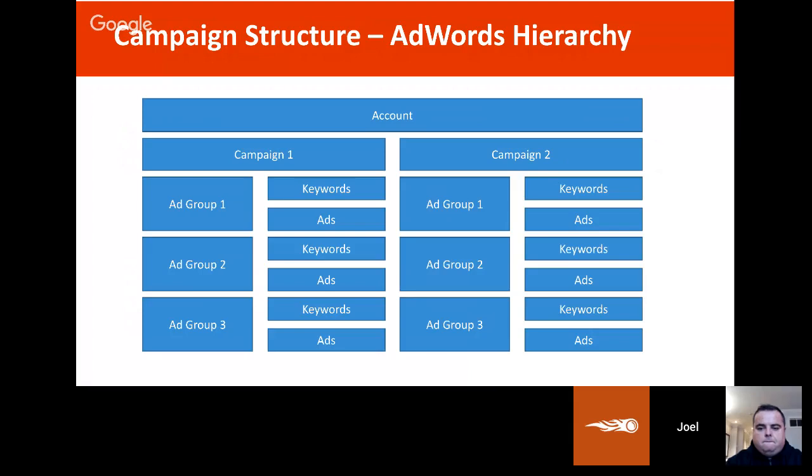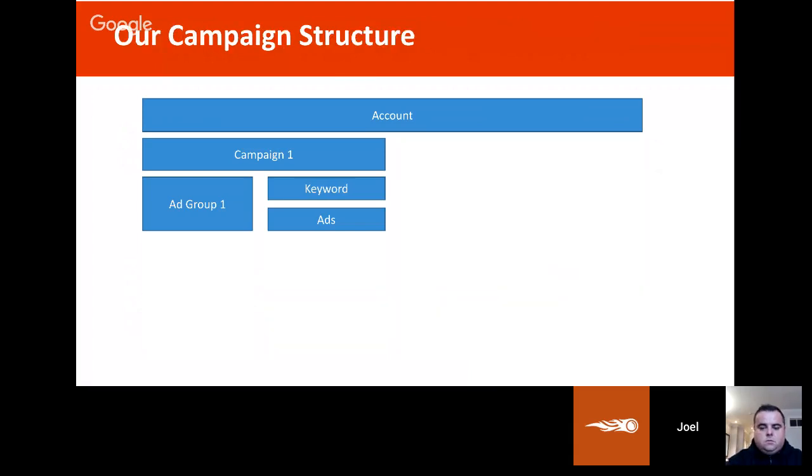However, for the intent of this presentation, which is to be successful in AdWords, spending as quickly as possible and as little as possible, I'm going to suggest a campaign structure that looks more like this. You have your account, you have one campaign, you have one ad group, and you have maybe one or two keywords, and of course, multiple ads, because you always want to test ads.